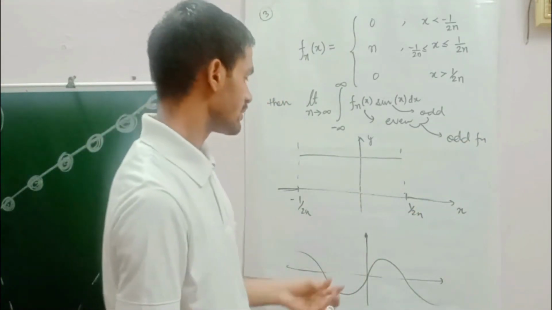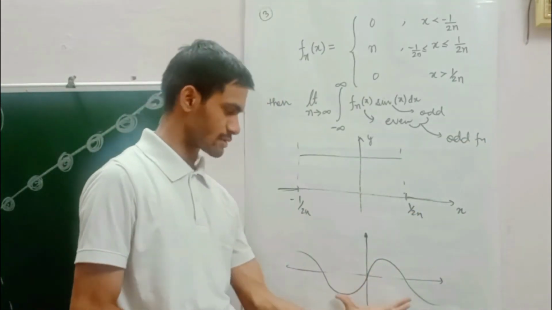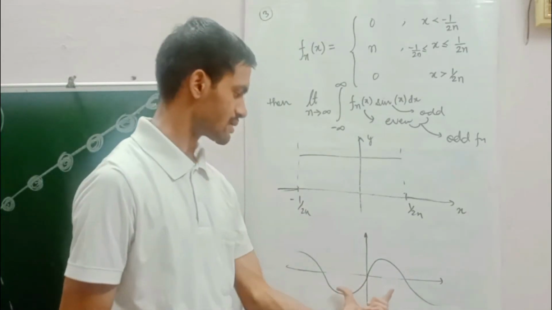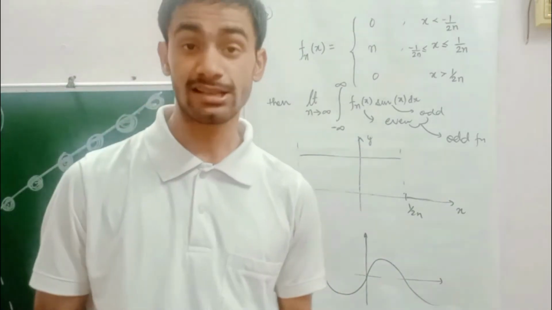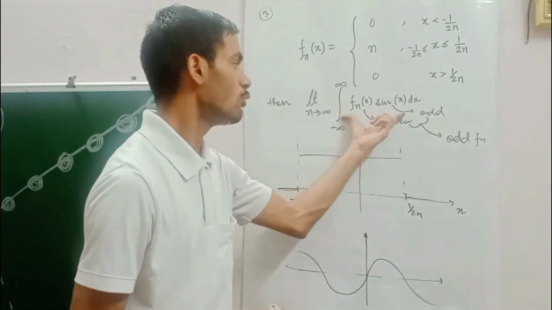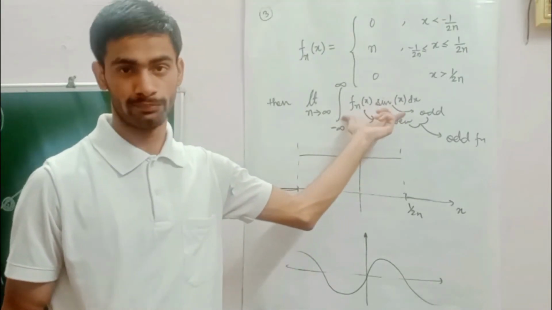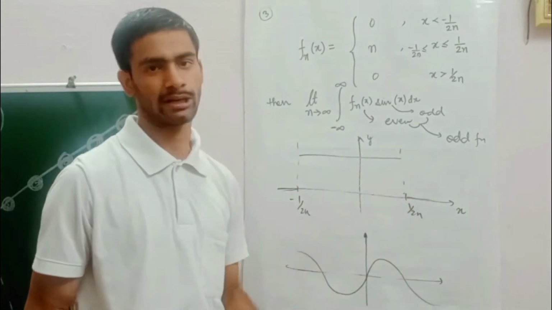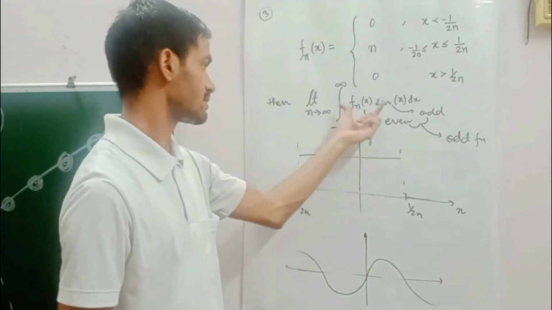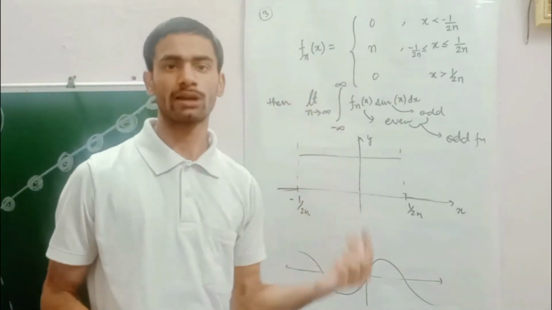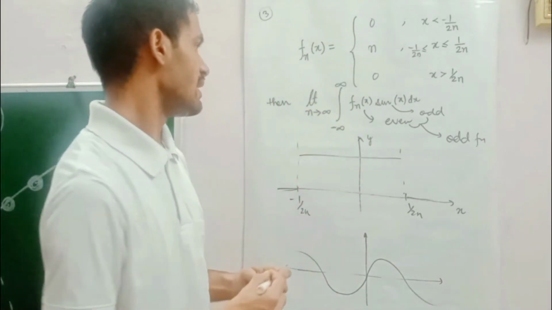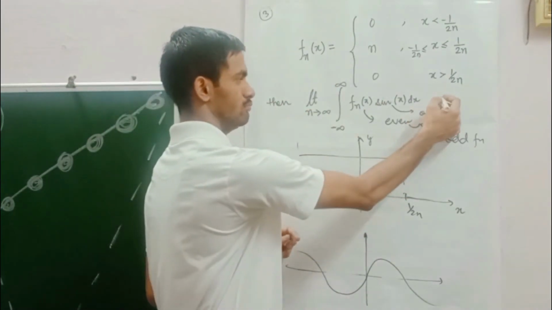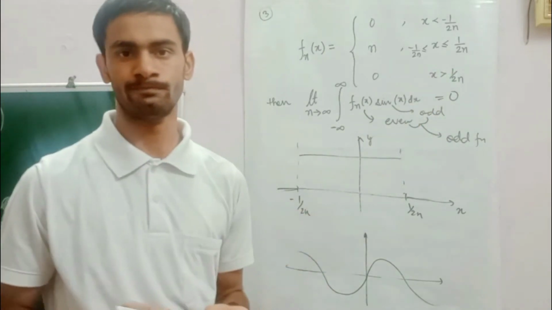That means their graph would be somewhat like this. Hence its total value would be 0, as one gives positive area and the other gives negative area. Here area is not given as modulus, so we have to take it with the sign. Hence its value is equal to 0.